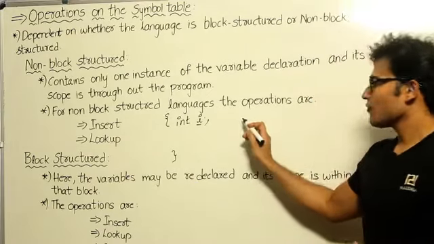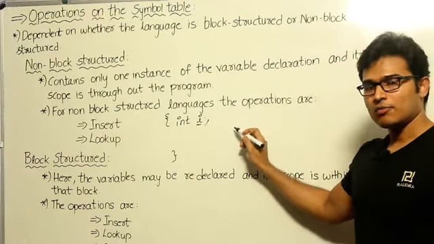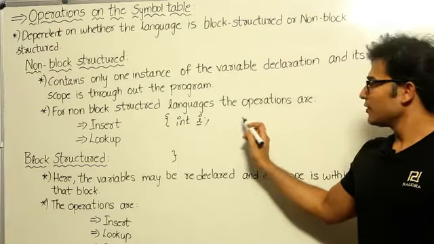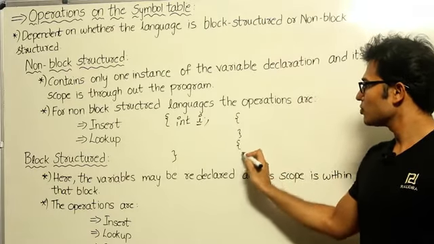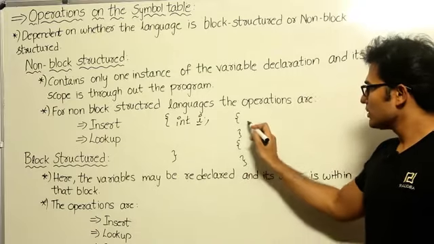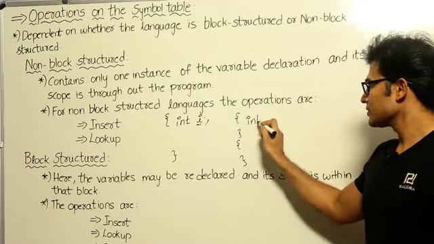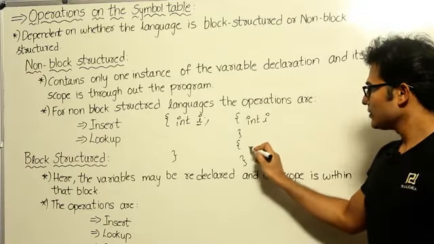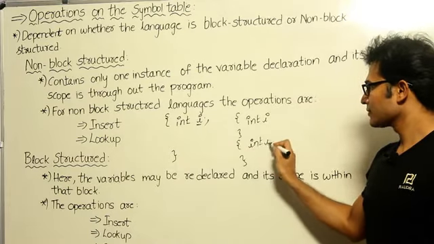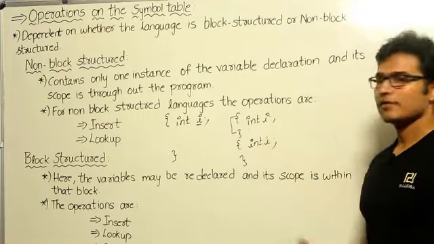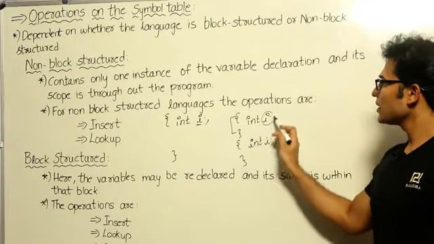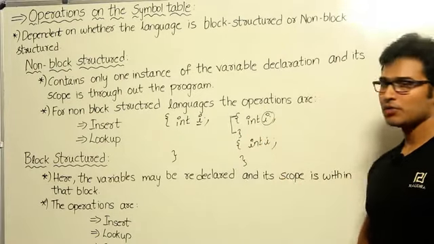Now if you have a block structured programming language like C, then in the same program you can have two blocks. Let us say you are having two blocks like this. Now in this block you can declare I once, and in this block you can declare I again. Now when you are present in this block, the scope of this particular I will be only from here to here.